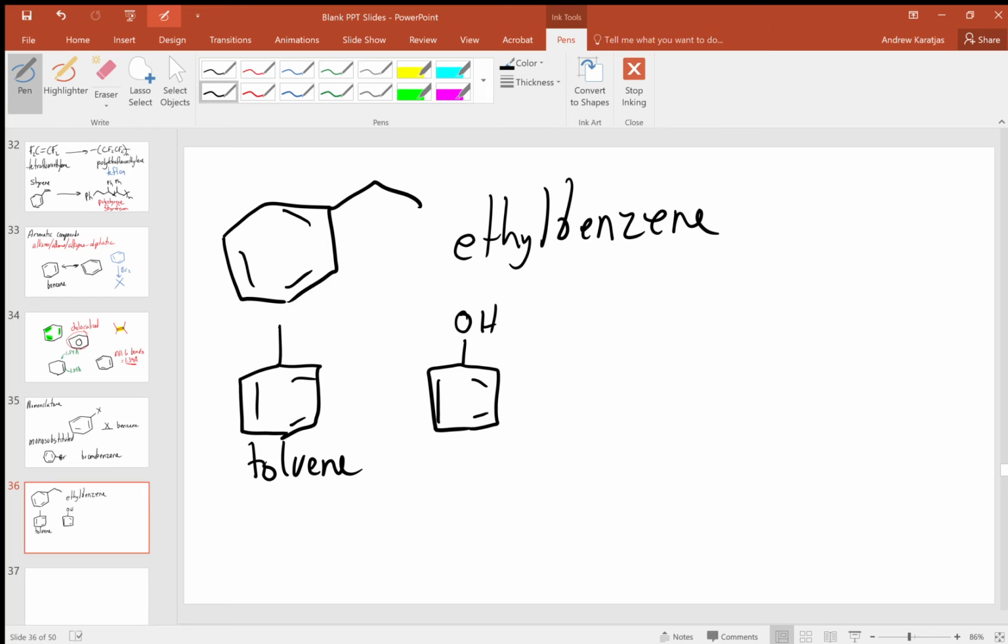If we put a hydroxyl group, an alcohol on there, again, our initial answer might be to say hydroxybenzene, but this is known as phenol. With an NH2 on there, an amine group, we have aniline.